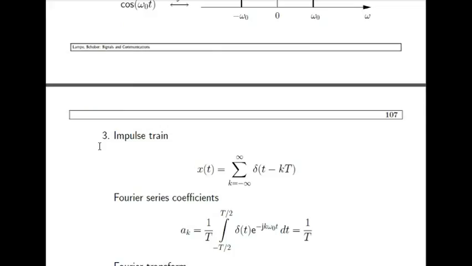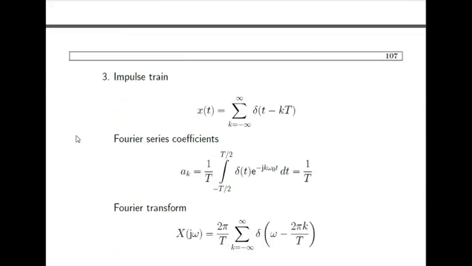The third example is the impulse train. We have a periodic signal x(t) equal to the impulse train, summation k equals minus infinity to infinity delta(t minus kT). Its Fourier series coefficients can be found with the formula a_k equals 1 upon T integration from minus T by 2 to T by 2 delta(t) e to the power minus j k omega naught t dt.